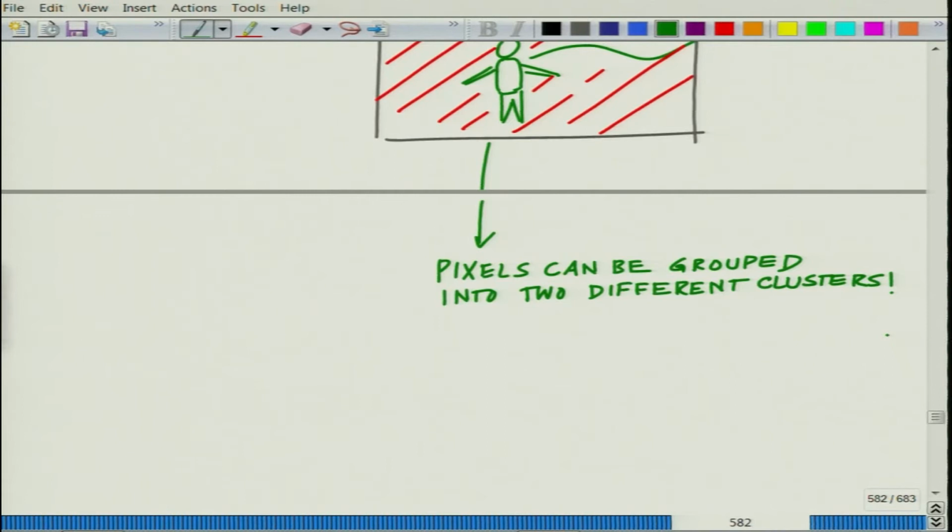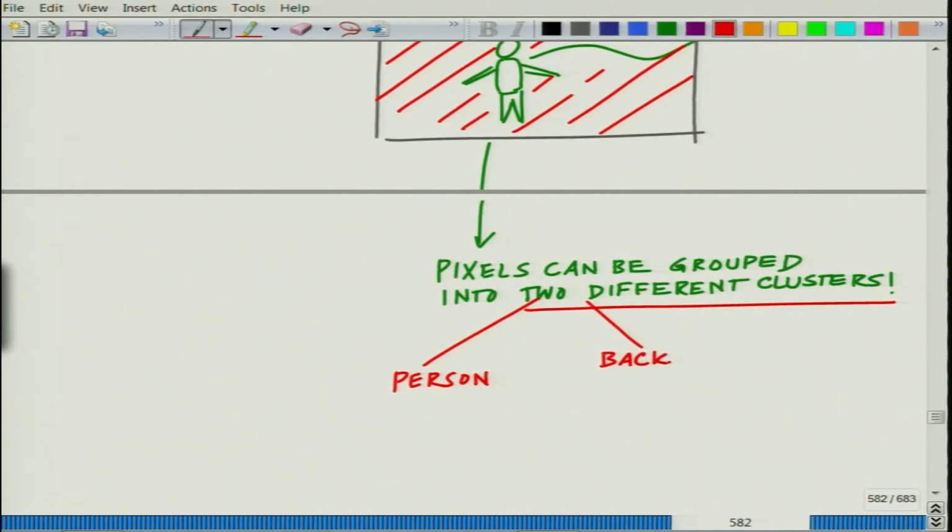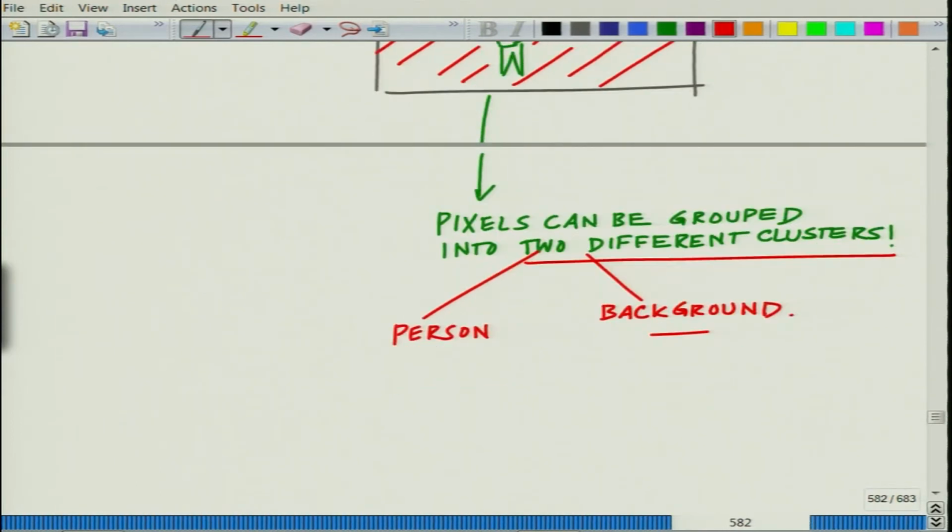And what are these two different clusters? These can be essentially your person, and then you have the background. So, these are the two different clusters.